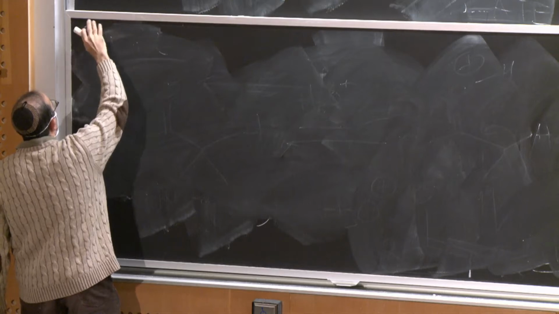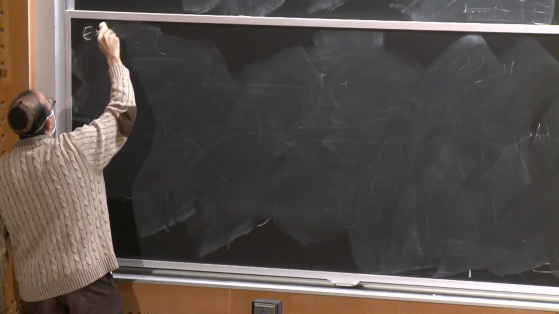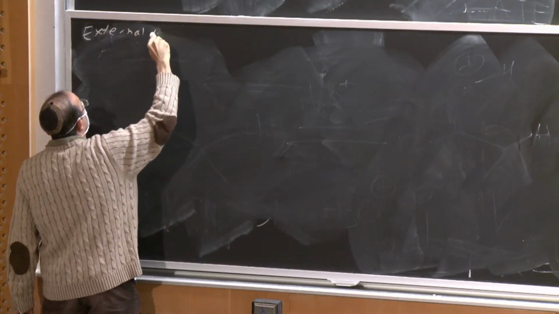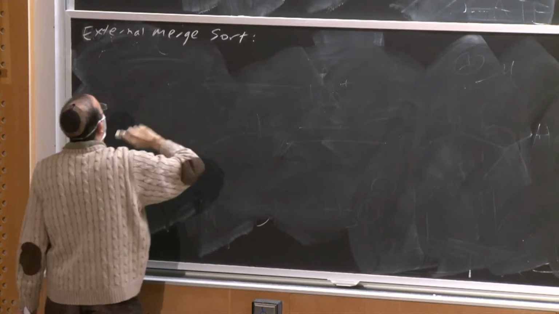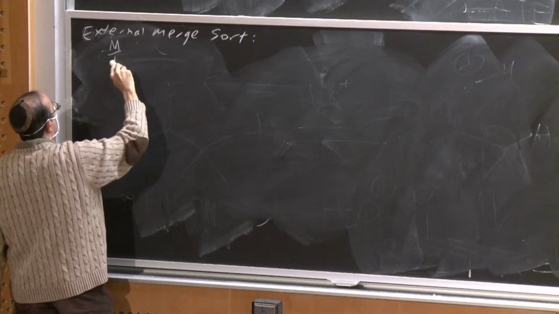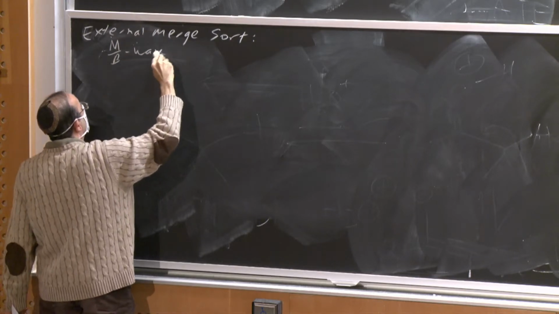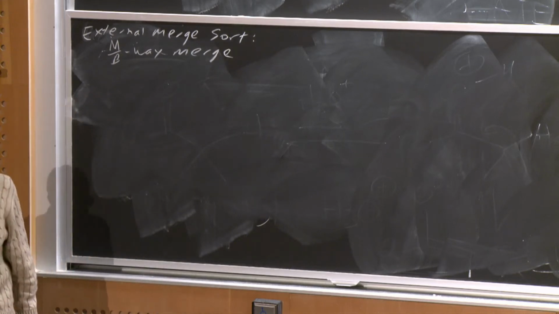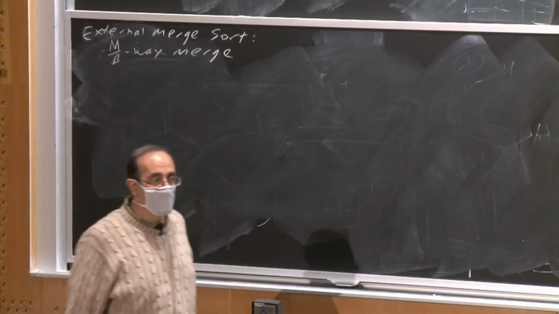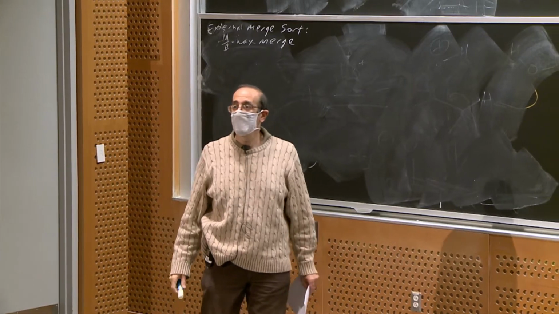Okay, so a good merge sort, or external memory merge sort, does an m over b way merge as its basic operation, which is then applied recursively.